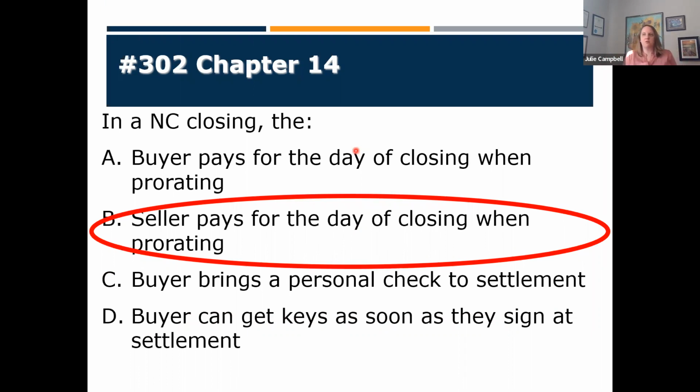The seller is responsible for today's taxes. The seller is responsible for today's HOA dues. If there's rent involved, the seller gets to keep today's rent. Are we good with what we're saying in rent?